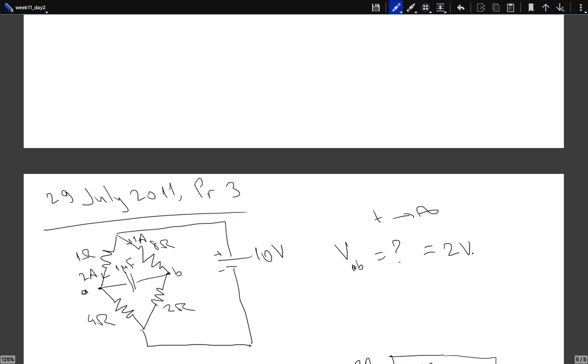That is how much the potential increased. And from here to here, 8 ohm times 1 ampere is 8 volts, so minus 8 volts. Total minus 6 volts. So VB minus VA is minus 6 volts.